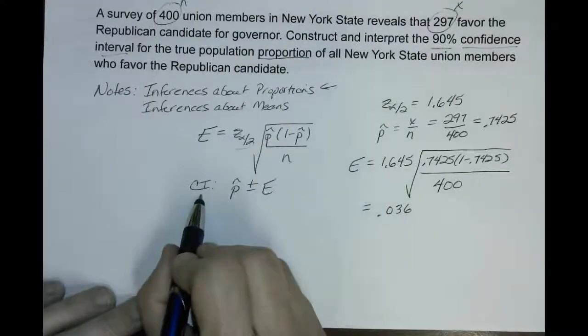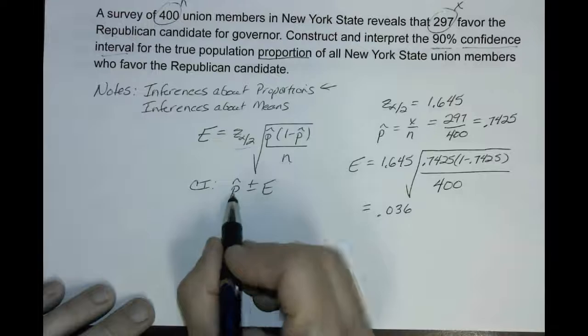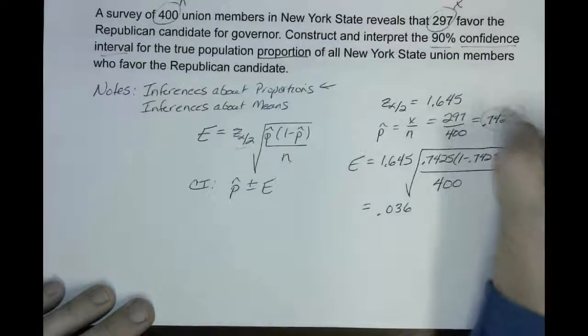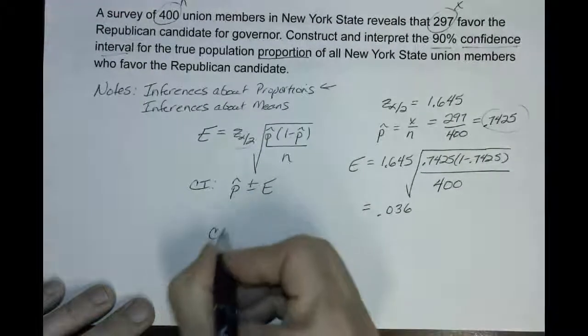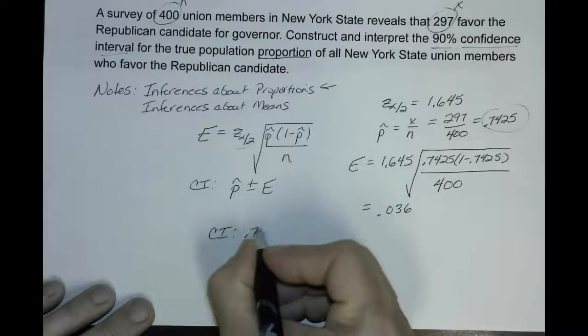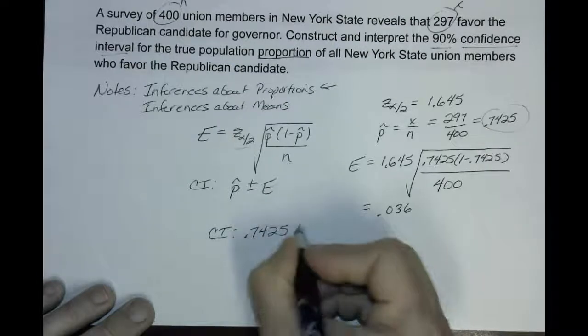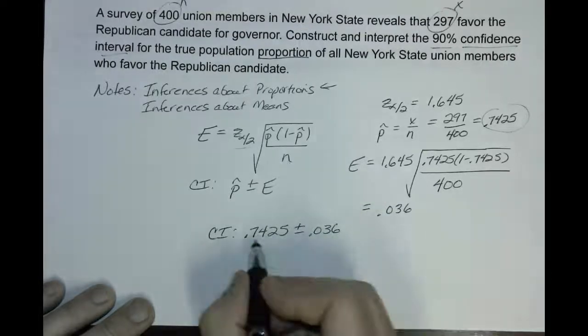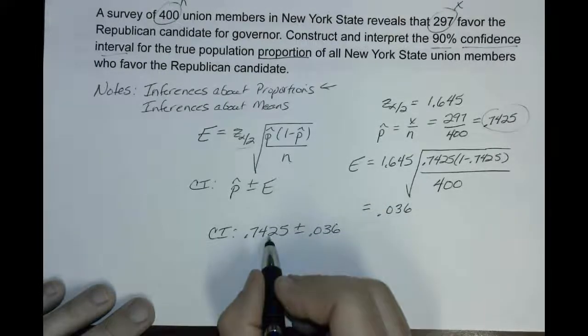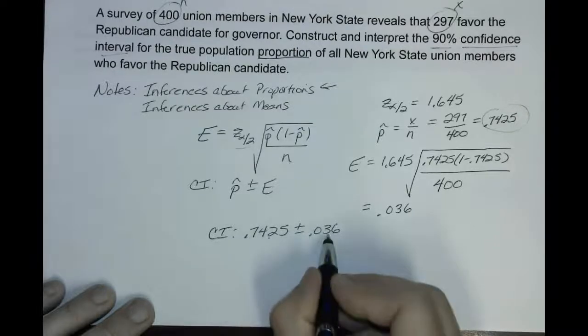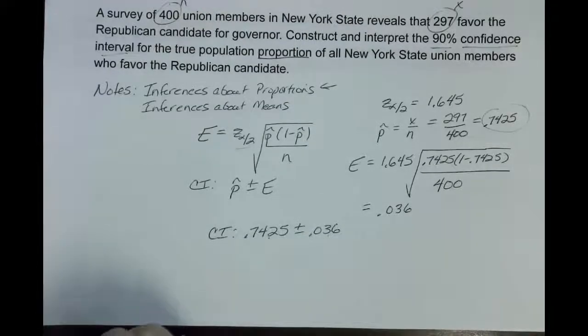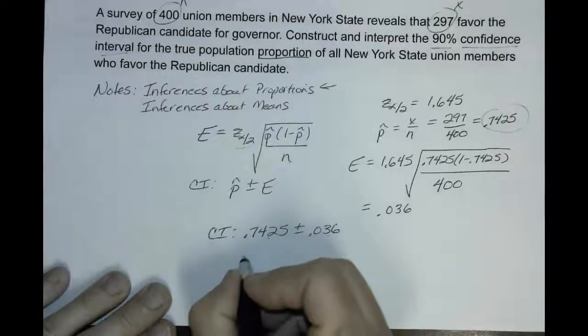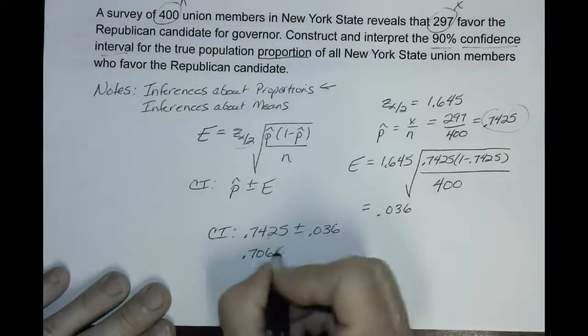Okay, now to do my confidence interval limits, I'm going to take my p-hat, which was the 0.7425. So for my CI, I'm going to take 0.7425 plus or minus my margin of error. So to get my lower limit, I'm going to take my p-hat minus my margin of error, which would give me 0.7065.